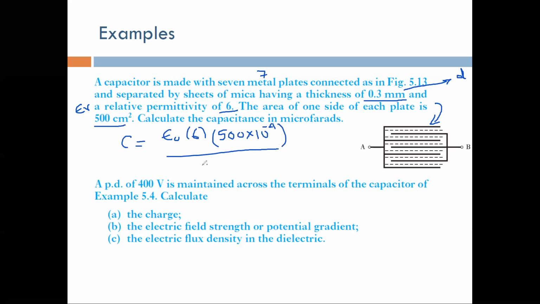And D is 0.3 times 10 to the minus 3, millimeters. Right? This is for one capacitor, okay? You have 7 metal plates, so basically there will be 7 minus 1 parallel capacitors. So the total capacitance will be like this. Just multiply by 7 minus 1.